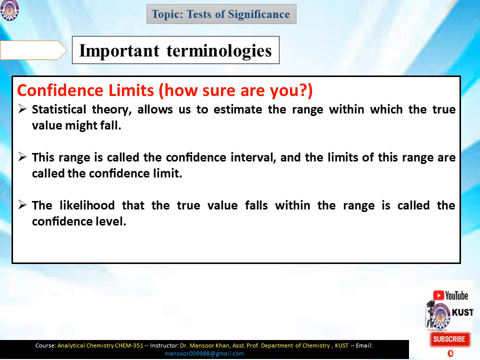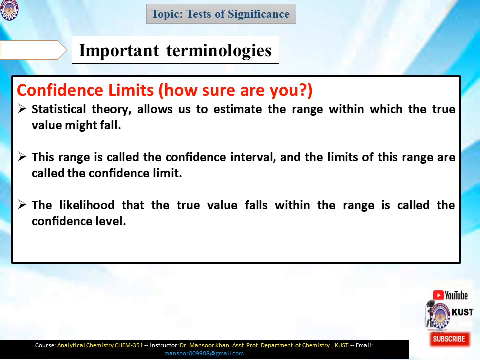But another problem is that with an increase in the confidence interval, the standard deviation is increased. So what we will do, we will select the particular confidence interval with a low standard deviation, in which we are 90% or 95% or 99% confident that the true value is present.